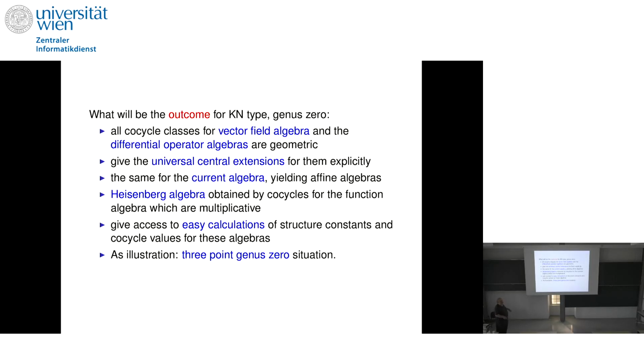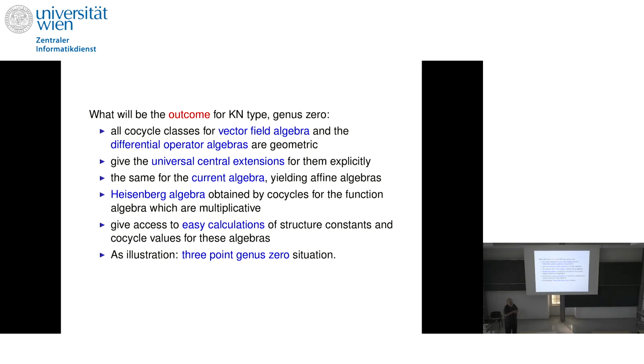What we will have is a huge mother algebra in some sense. This mother algebra contains all the algebras which we need. These are the function algebras, the vector field algebras, the differential operator algebras, and the superalgebras. They are all contained in this mother algebra.